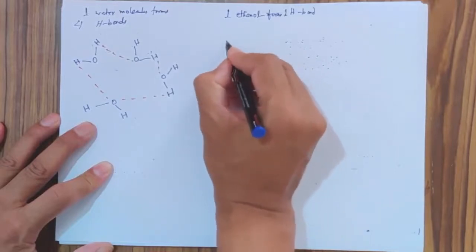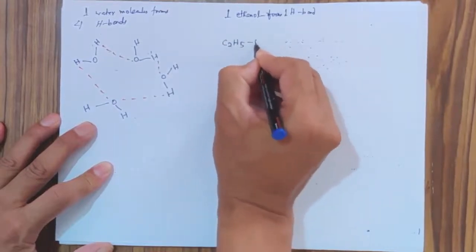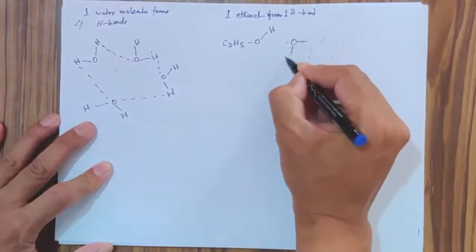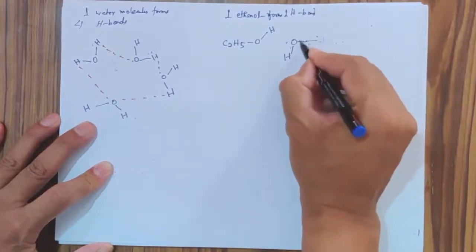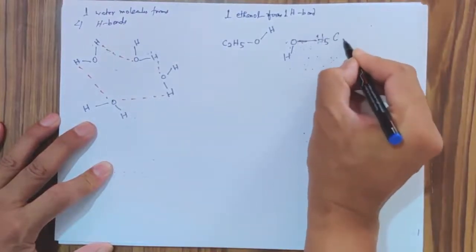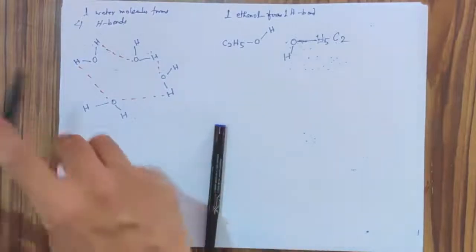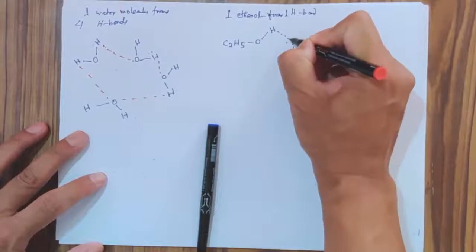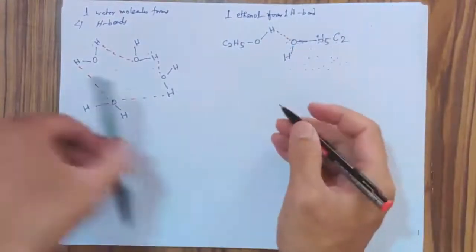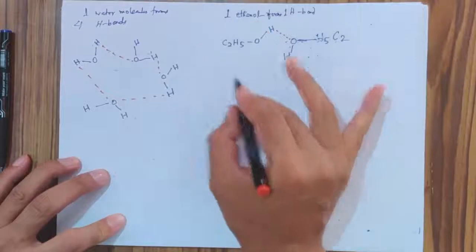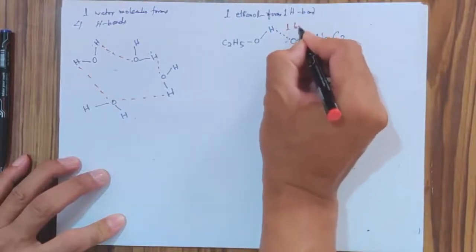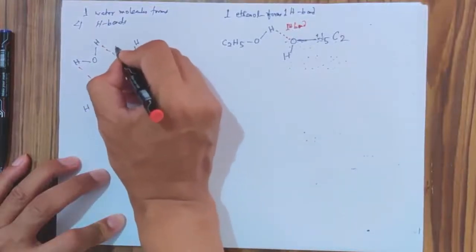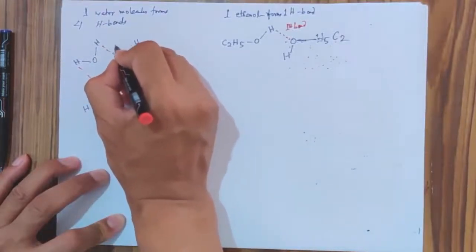In the ethanol molecule, C2H5OH, the hydrogen bond is between hydrogen and oxygen. So what did we observe? In ethanol, one hydrogen bond is formed, but in the case of water, there are 4.